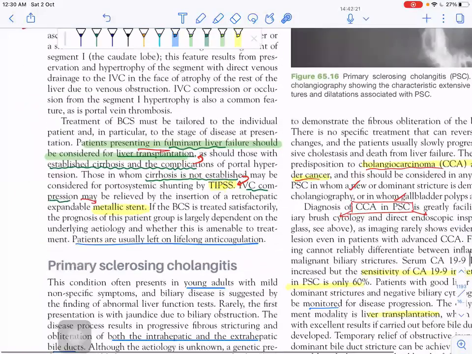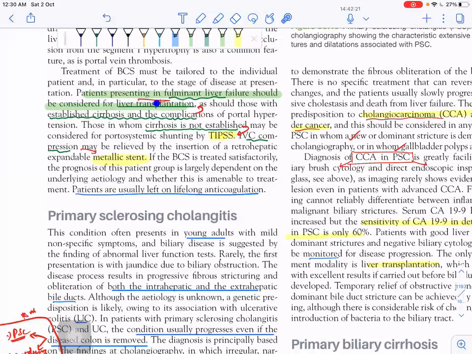Patients presenting in fulminant liver failure should be considered for liver transplantation, as should those with established cirrhosis and complications of portal hypertension.